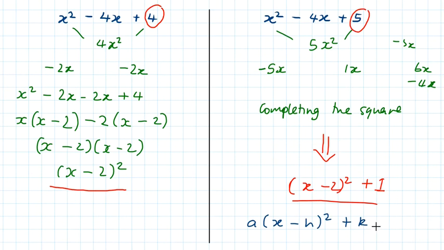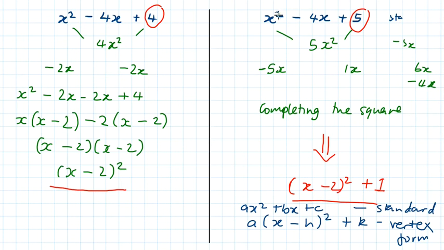This is what we call the vertex form. So this is the vertex form and this is the standard form. The standard form is ax squared plus bx plus c. This is the standard form.